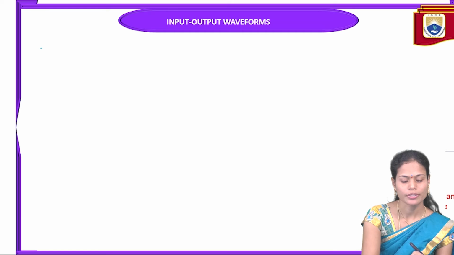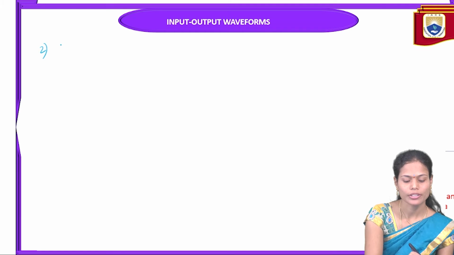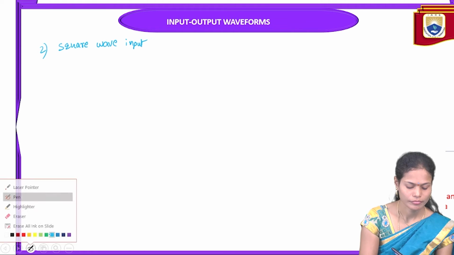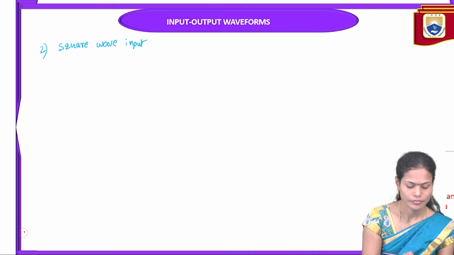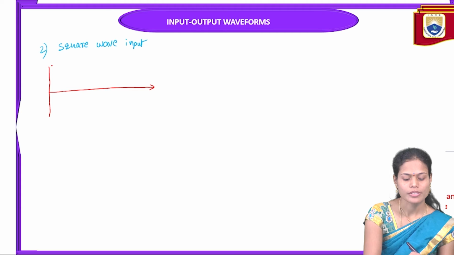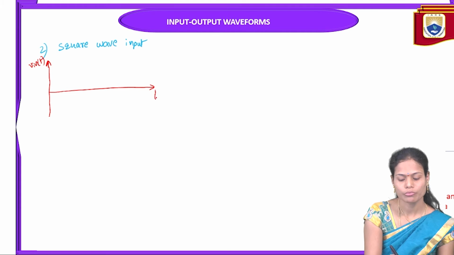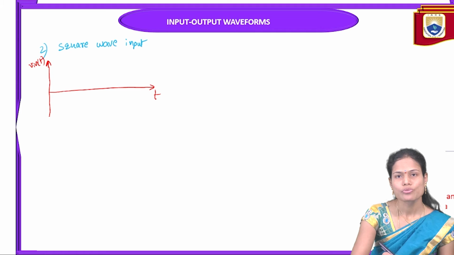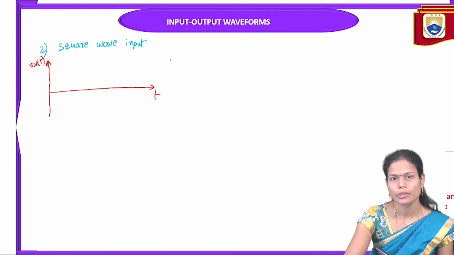And the next input I am going to take here is the square wave input. So when we apply the square wave, how can we design the square wave? Here it is. This is my Vin of t with respect to time t. This square wave we can implement by using a train of step signals.